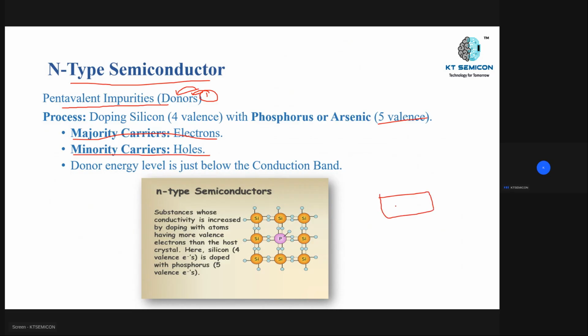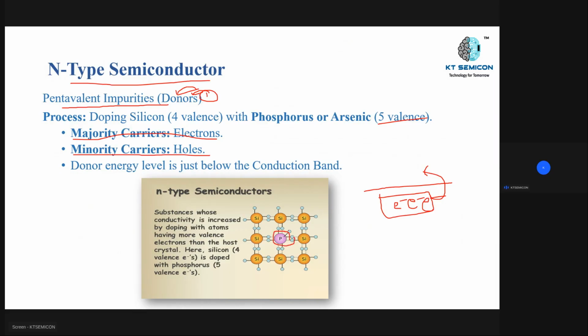At this time, this is my valence band, right? My electrons are completely filled in the valence band. That's why my donor energy level is near the conduction band. Why? Because electrons start moving from the valence band to the conduction band, right? So see here, we are adding phosphorus, which means a fifth group element.